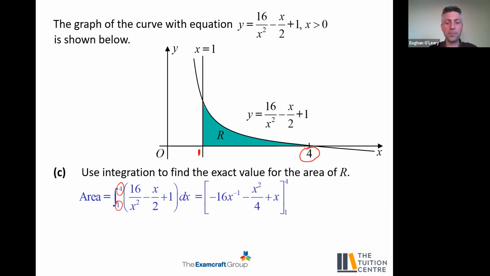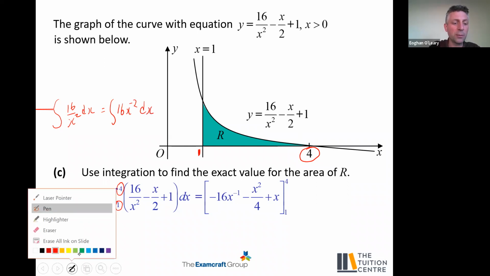So that's the dx. So what's going to happen there? Well, if I just take this off to the side, if I'm integrating 16 over x squared with respect to x, this is where people could go wrong. That's integrating 16 times x to the power of minus 2 with respect to x.